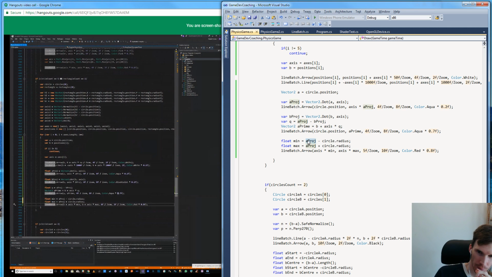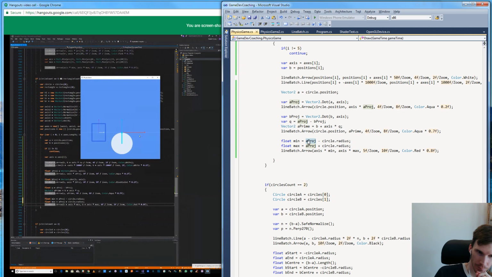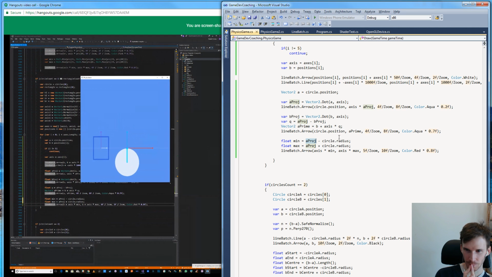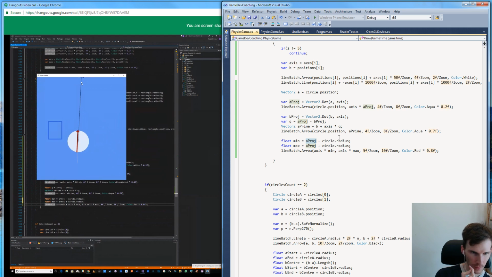What I've got right now is obviously the correct amount but in the wrong place from the point of view of the x-axis. Okay, so far it's not too bad.